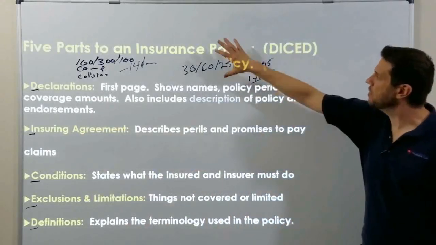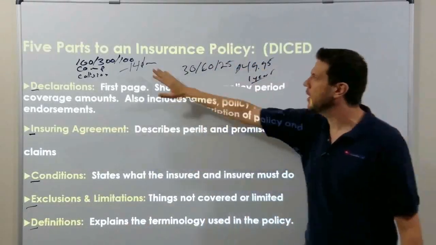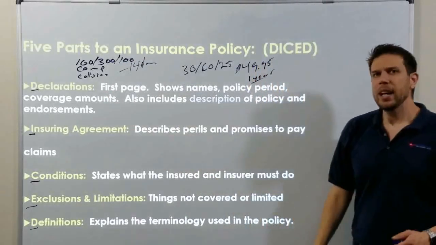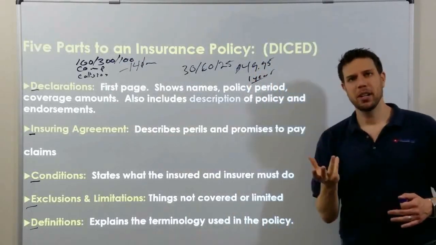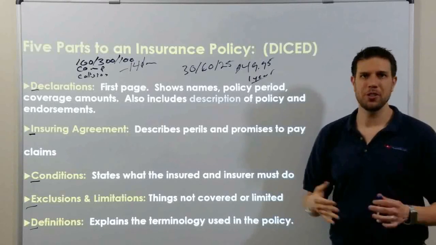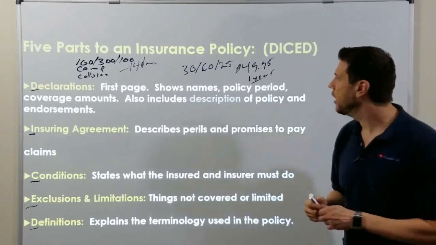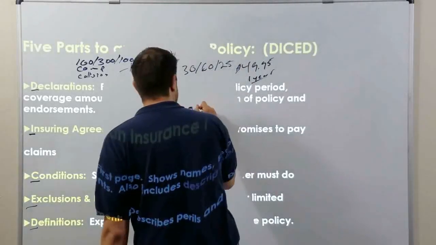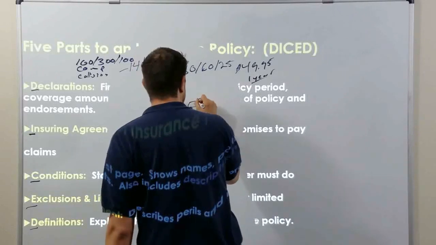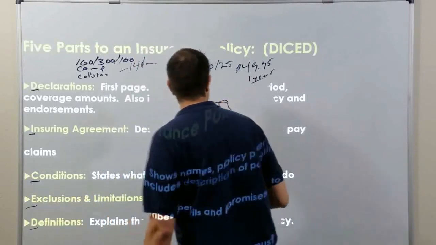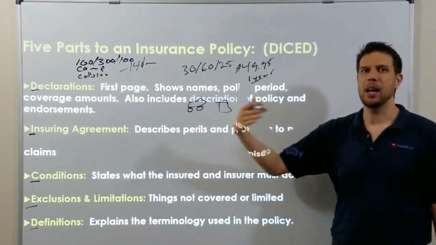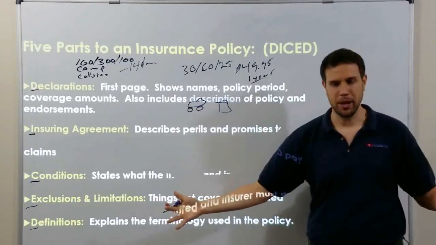It'll describe how much coverage the person has. So it'll say like they have state minimum limits and they do not have comprehensive and collision. It'll also have the VIN number of the vehicle. On homeowners insurance, it'll describe the house being insured. The dec page is like a summary of what is being insured. It tells you the coverages, how much they pay, everything that's on there.